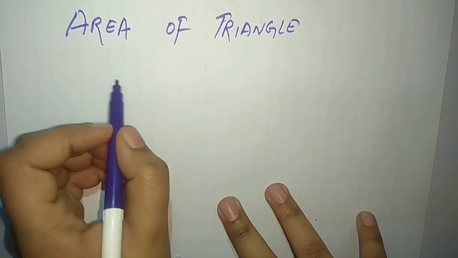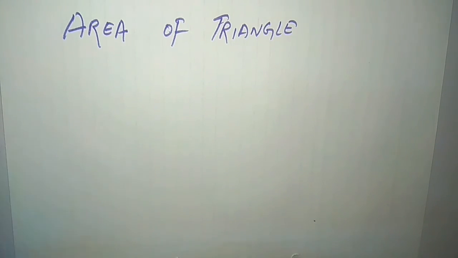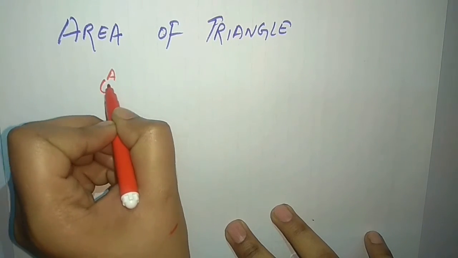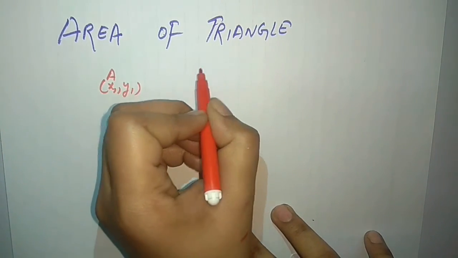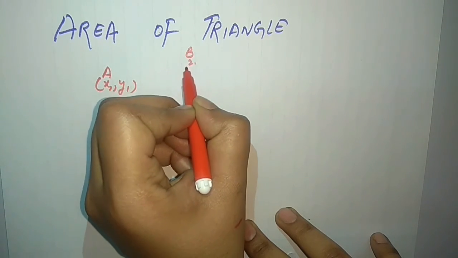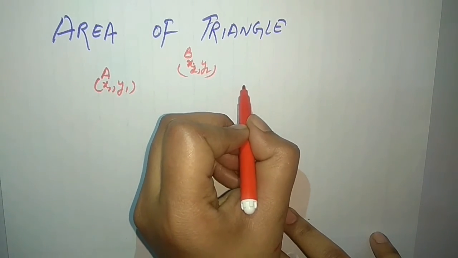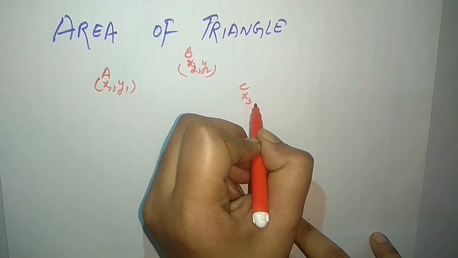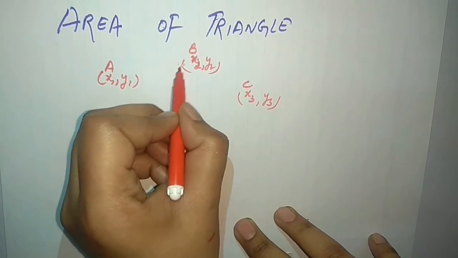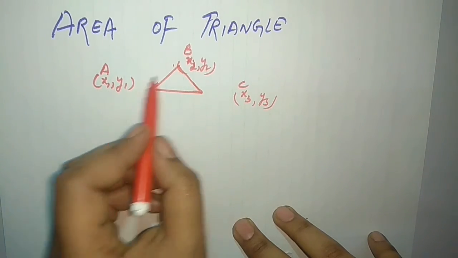We know that a triangle is made up of 3 points, let them be A, B and C. A has coordinates (x1, y1), the other one is B (x2, y2), and C (x3, y3). Clear? Now these are the coordinates of a triangle.